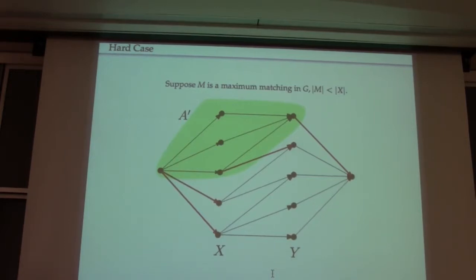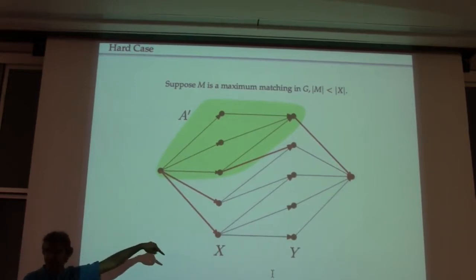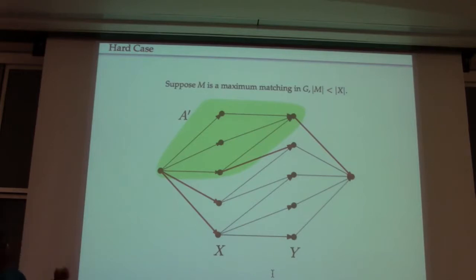These are the edges coming out of the cut. So there are 1, 2, 3, 4 edges coming out of this cut. And so the flow value is 4. So the total cut capacity coming out of the cut is 4.